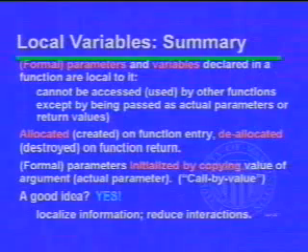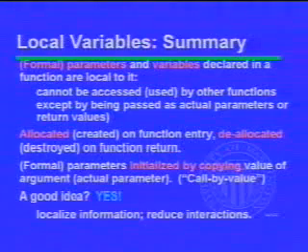Let's quickly summarize what we've seen about global variables. Variables declared in a function are local to it, as are the parameters of the function. They can't be accessed except by that named function. Now, an interesting thing is that these variables don't really sit around in memory all the time while your program is executing.